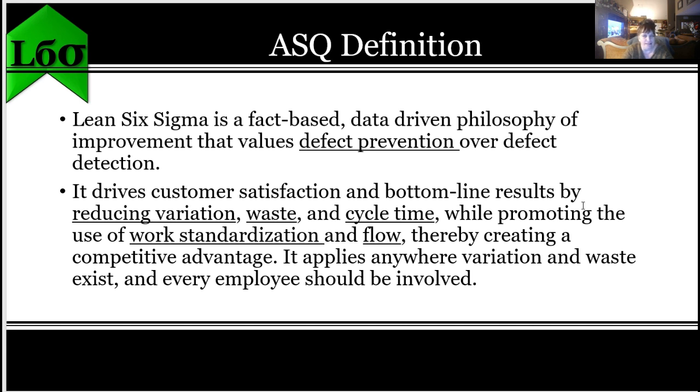So one of the big things is getting away from having to do 100% quality inspection, which costs us a lot of money. And by implementing Lean Six Sigma into our practices, we can prevent defects before they occur.